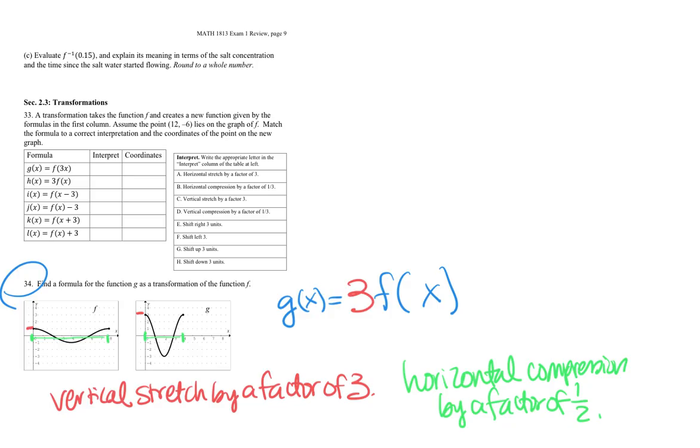So this would be 1 over 1/2, which turns out to be 2. So if you do 1 divided by 1/2, you'll get 2. So the final function should be 3f of 2x.